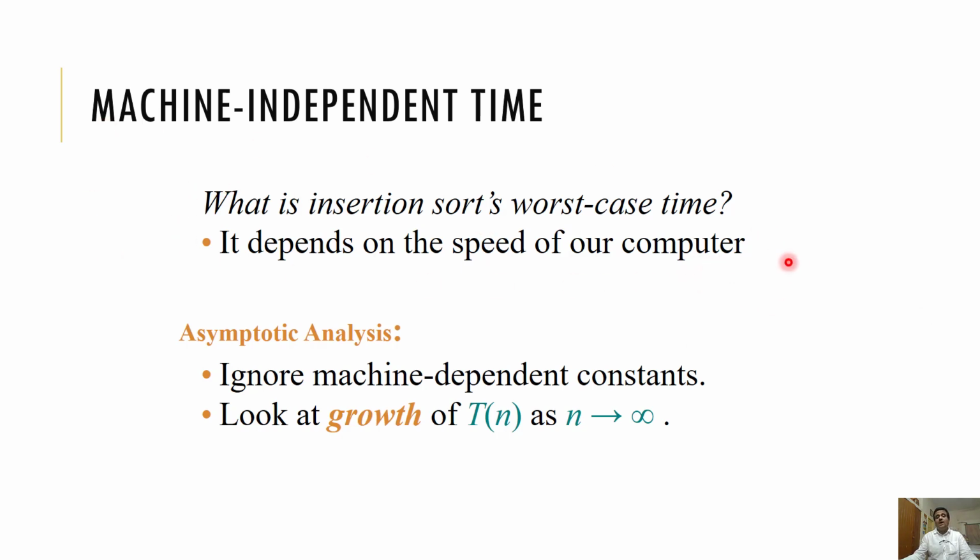So, now the question is, how will we judge two pieces of code? We have code 1 and code 2. How will we tell which one is better? We consider both codes in the worst case. Suppose the worst case is reverse sorted, and we fix the input size. Then we have to run the codes on the same computer under the same environment.